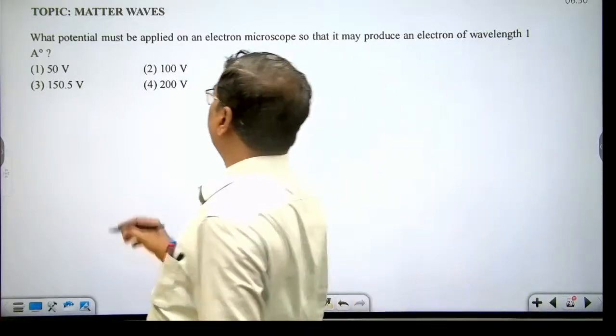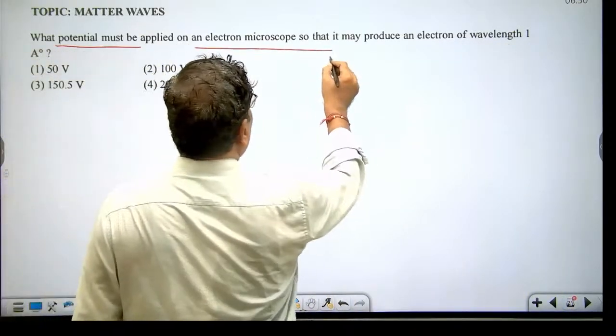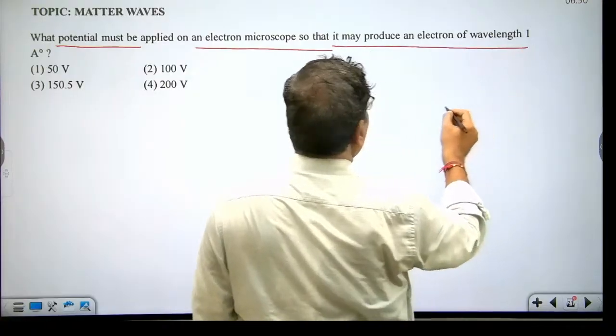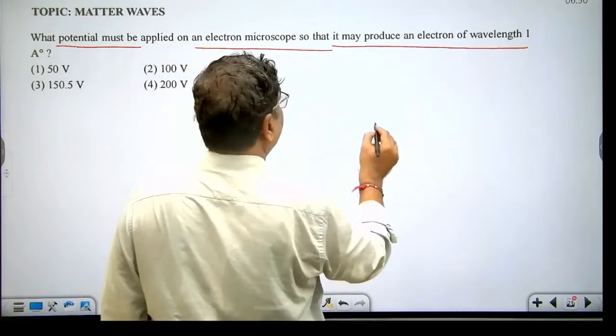What potential must be applied to an electron microscope so that it may produce an electron of wavelength 1 angstrom?